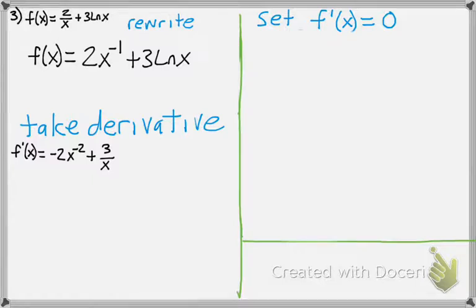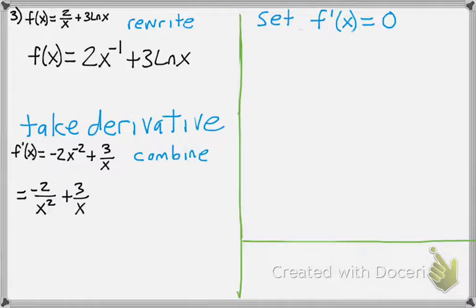So let's combine these two terms. I'm going to start by putting that x to the negative 2 back in the denominator. So negative 2 over x squared plus 3 over x.